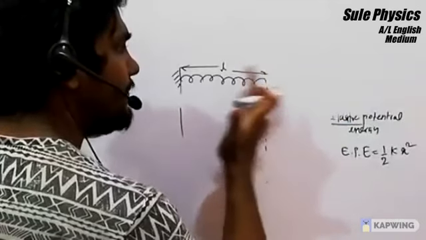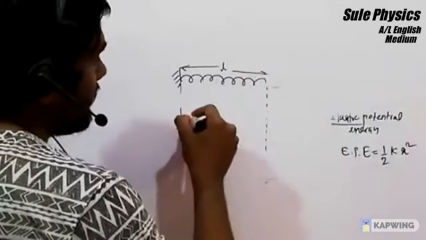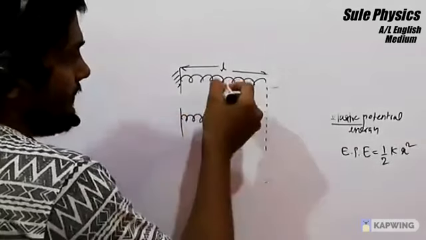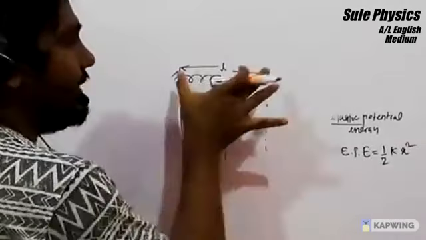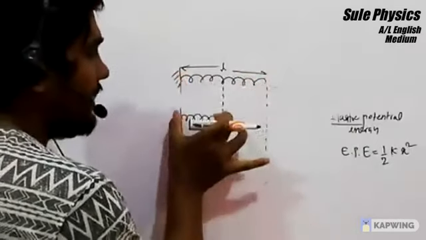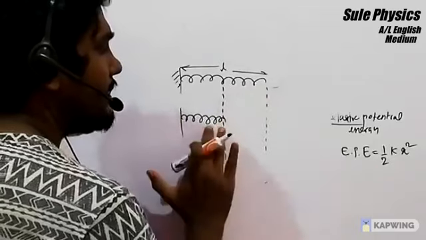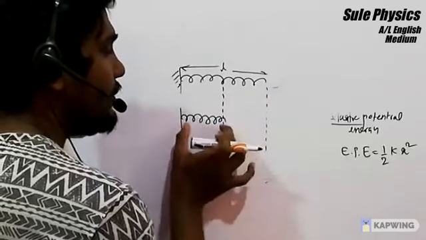When you keep compressing the spring, what happens? Its length decreases. Earlier, this was the natural length. Now its length is this. The spring reduced its length.